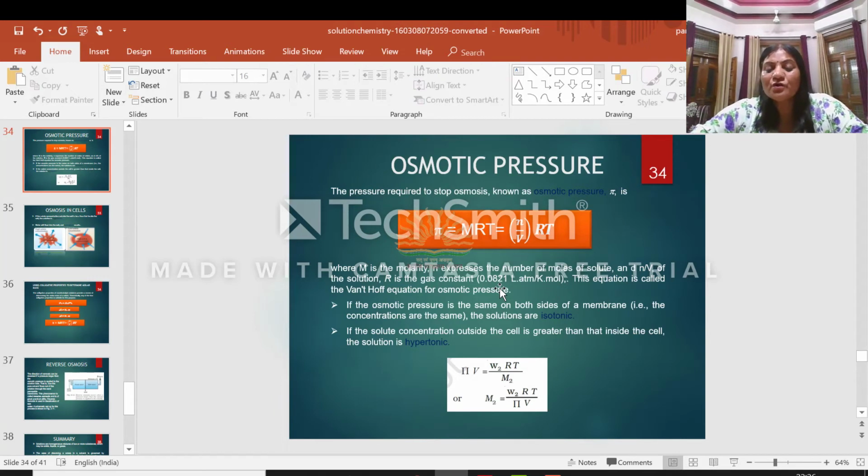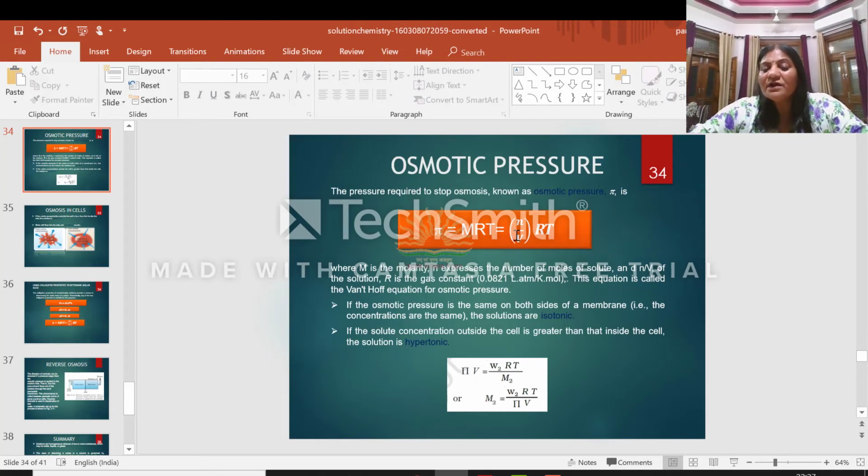Osmotic pressure is the fourth colligative property. The pressure required to stop osmosis is known as osmotic pressure and it is denoted by pi. This is the fourth colligative property, osmotic pressure, which is denoted by pi, and it is the amount of pressure which is required to stop the osmosis process. And pi is equal to mRT, where m is the molarity of the solution, capital R is the gas constant, T is the temperature on Kelvin scale.